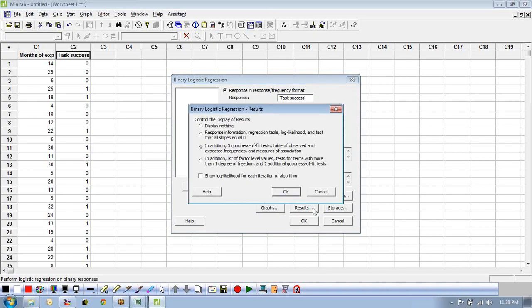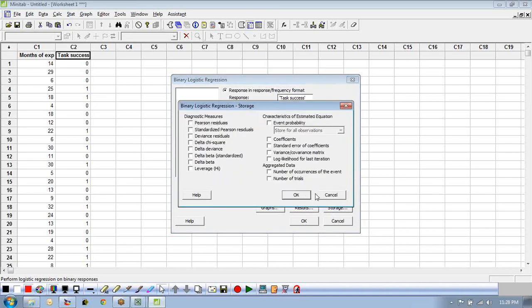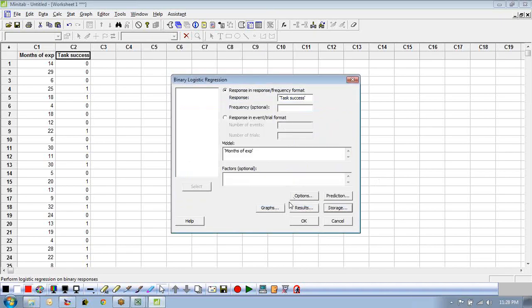In results, we're going to leave this at its default. And finally, storage. There's lots of things that you can store. I recommend storing the event probability, for all observations. And you'll see what that is in just a moment.